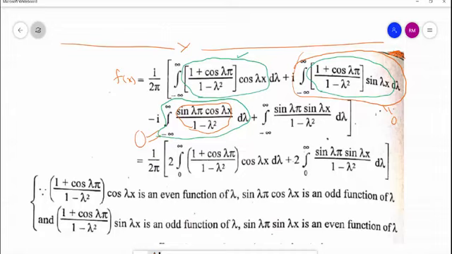So we get this step, here 2 gets cancelled, and in the next step we will discuss the expansion of these two terms. If you multiply cos lambda x to this bracket, by taking outside 1 minus lambda square from this bracket, we will see what happens in the next step.